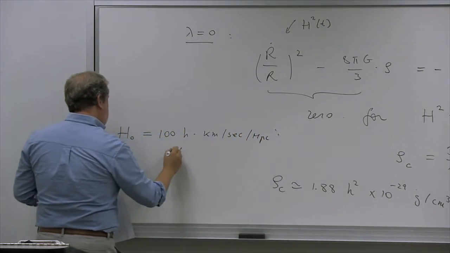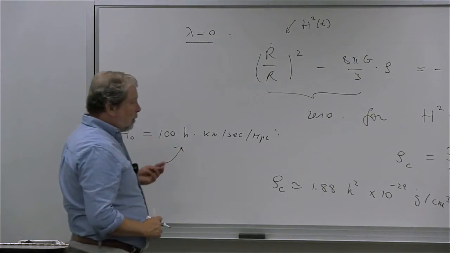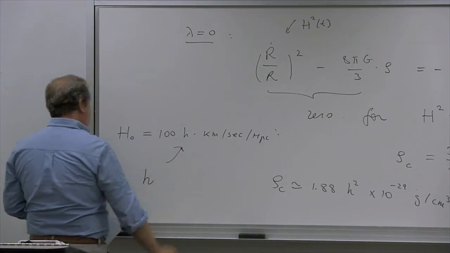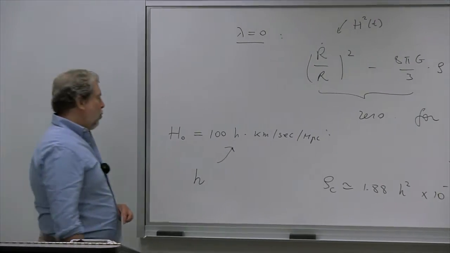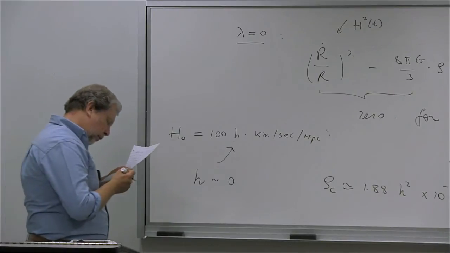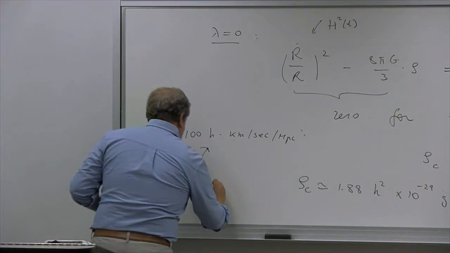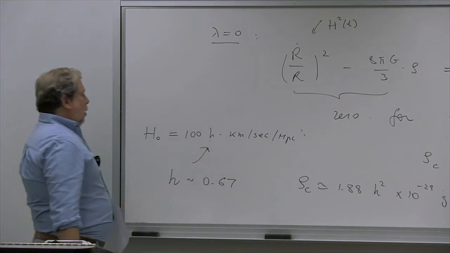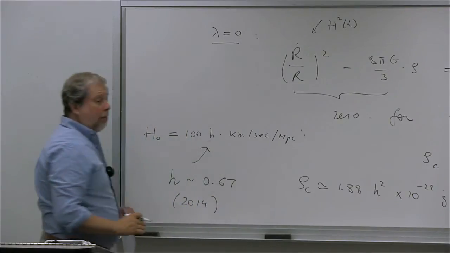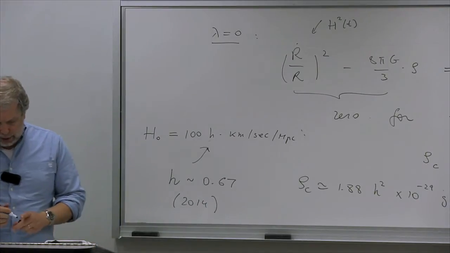The Hubble constant is known with some degree of accuracy, and the latest number, around 2014, is that this h is about 0.67. This is mostly the newest satellite data, the Planck data, that gives that value of h.